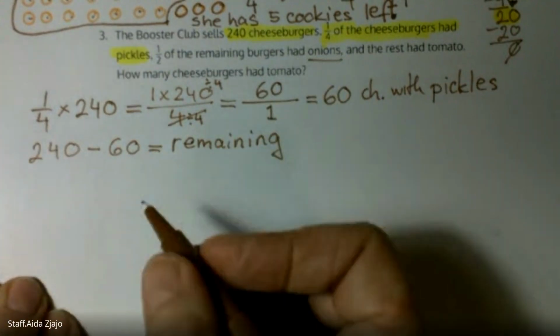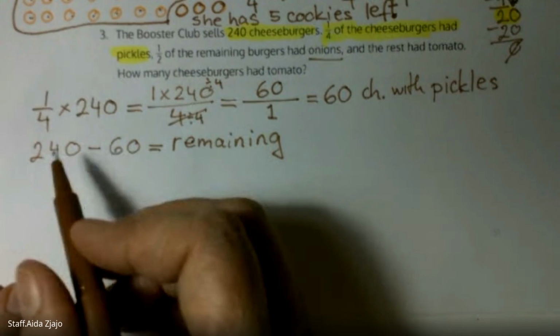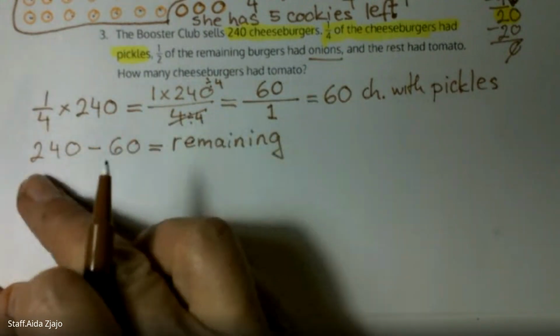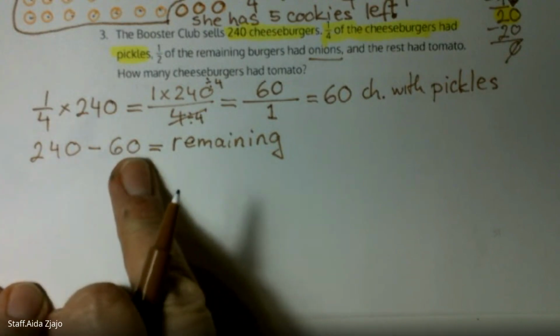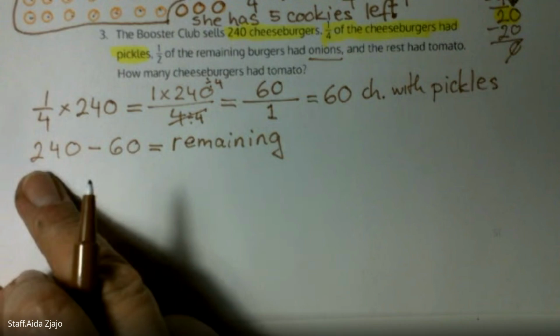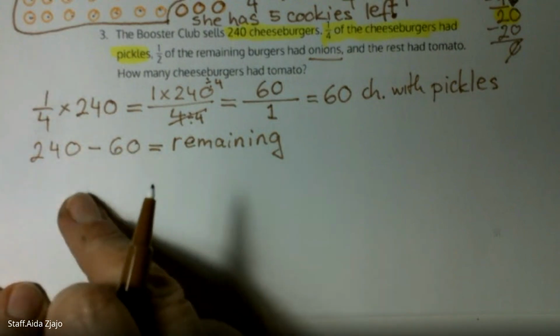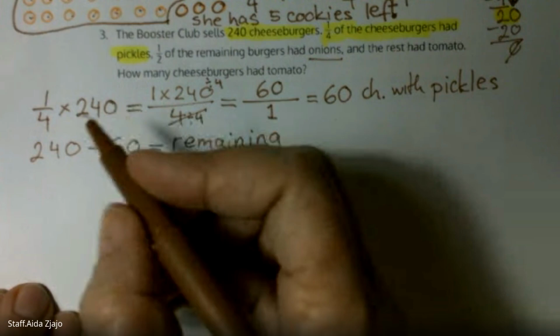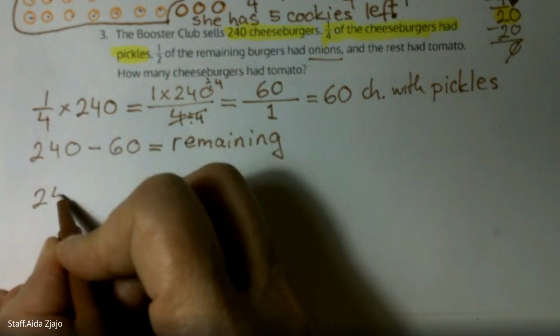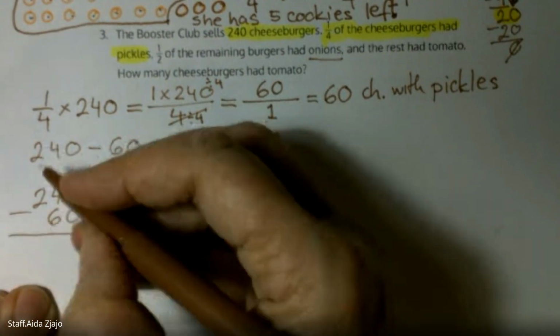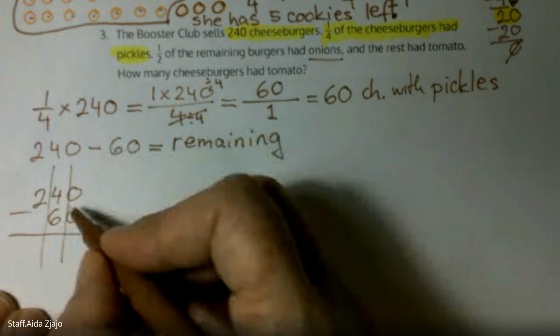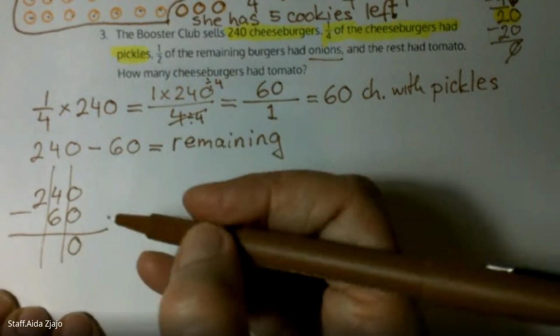So if we subtract, we can think about 240 as 200 plus 40. 100 minus 60 is 40, and then you have 140 plus 40, that makes 180. Or we can try the standard algorithm, 240 minus 60. 0 minus 0 is 0.